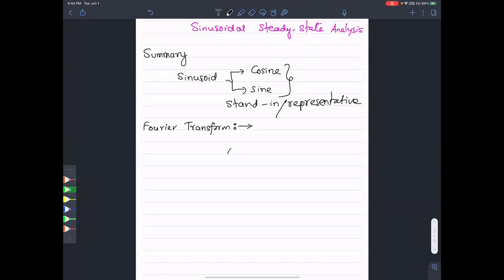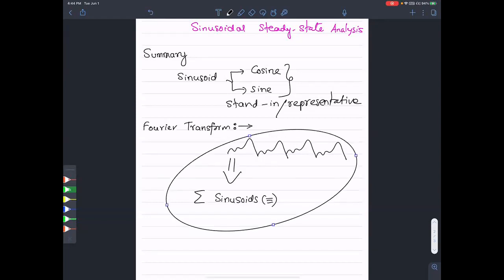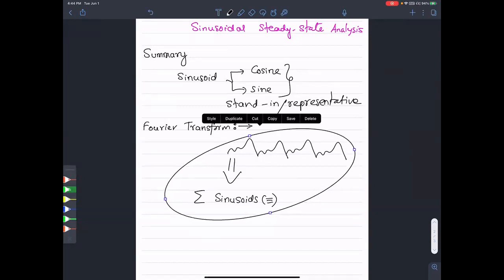The idea is any wave that is repeating itself at a set frequency, I can represent as a summation of a bunch of sinusoids. If a wave is repeating, it can be expressed as a sum of a bunch of sinusoids. That's the idea of the Fourier series, Fourier transform.